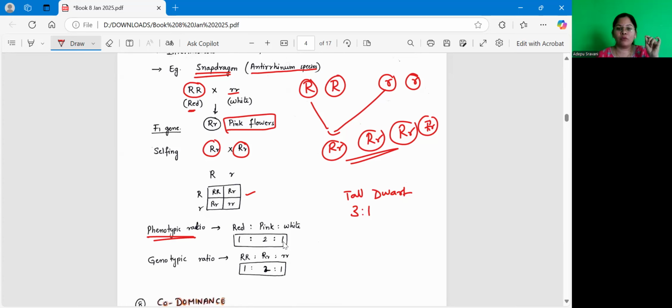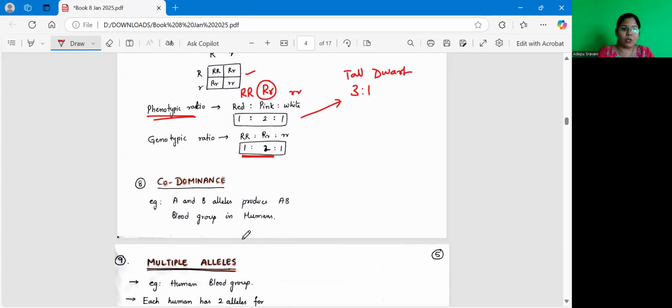But in the case of incomplete dominance, we get a different ratio here, 1:2:1, because red will be your homozygous capital R, white will be homozygous recessive, and heterozygous Rr will be your pink color. Clear? So phenotypic ratio will be 1:2:1. This you have to remember, which is different from that of your law of dominance. Again, coming to genotypic ratio, this is the same, isn't it? Genotypic ratio will be the same, but phenotypic ratio is different for incomplete dominance.